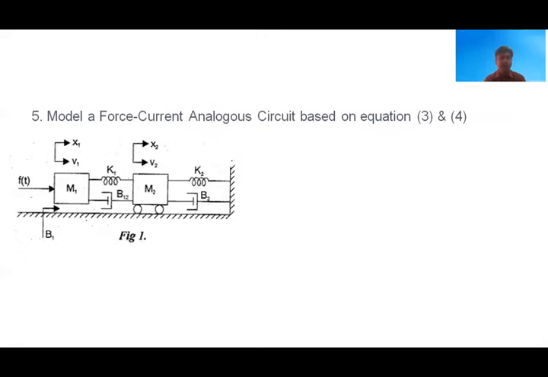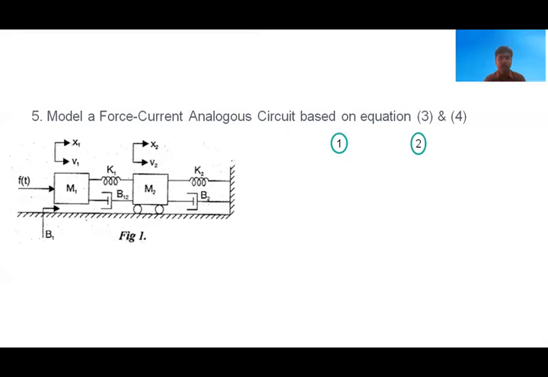Similarly, the given mechanical translation system can be converted into the electrical analogy with respect to the current as input. In the force current analysis, we have to take two nodes, as we have two mass body elements in the given mechanical model.